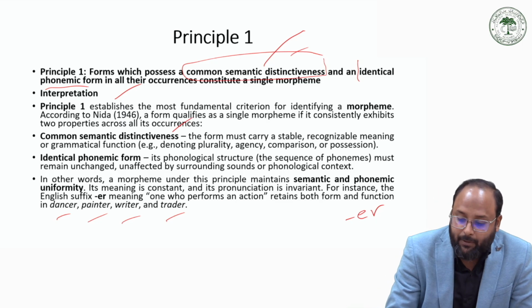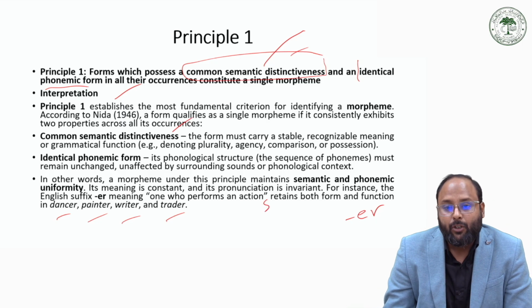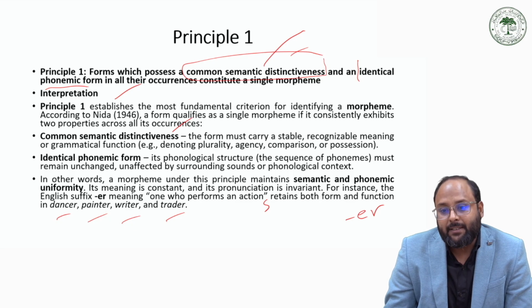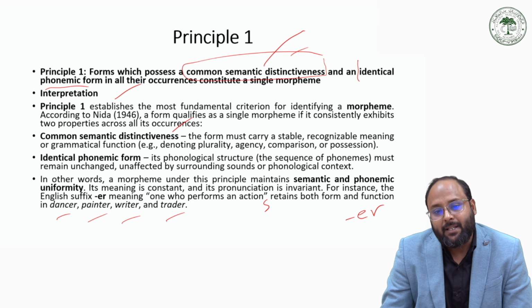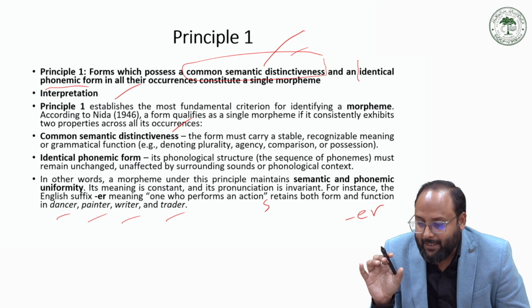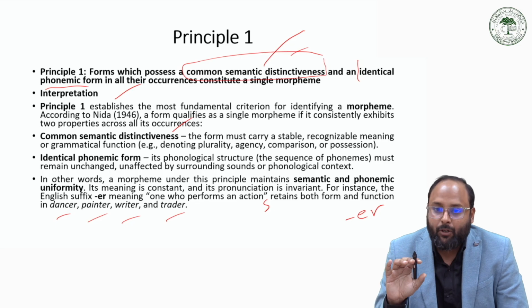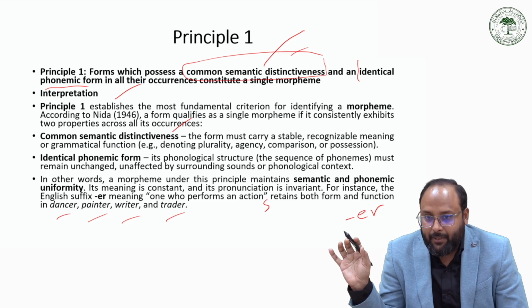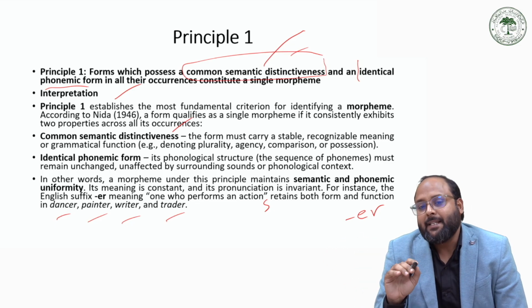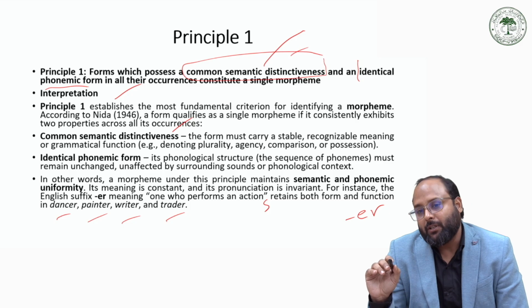We have many examples. For example, the S in many words like cats and beds. In this, we have the same S for the plural. The S does not vary in form across different words, and it has the same meaning of plural in all the words.